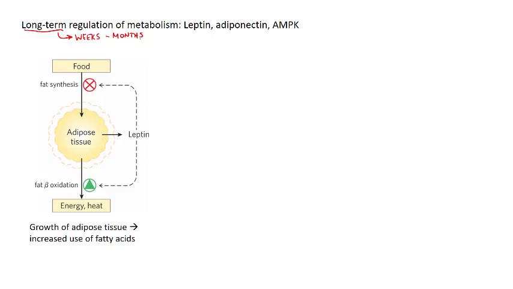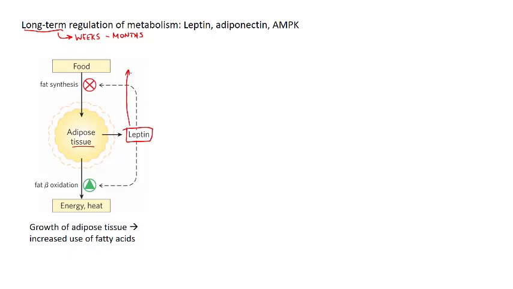And there are different hormones that we don't have time to talk about their specific pathways, but we can talk about their effects. All right? And so one of those important hormones is called leptin. So what is leptin? Leptin is secreted by adipose tissue as it grows. So the more adipose tissue that you have, the more leptin that you have.